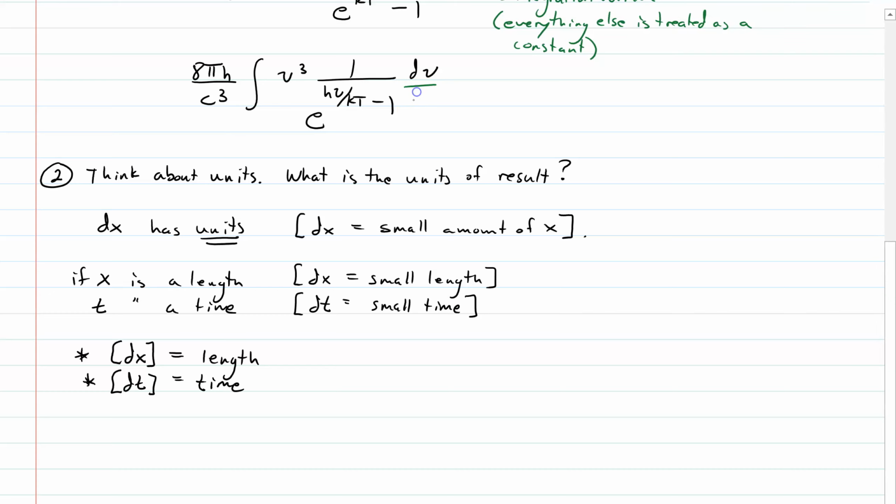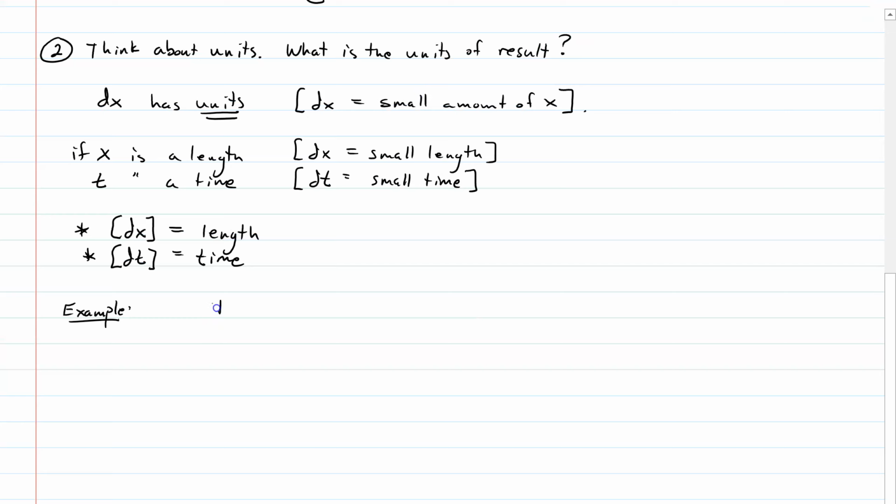Here's an example. Let's suppose I've got some integral I equal to the integral, let's say 0 to 1, t squared x dx, let's say. What are the units of the result? t is a time, x is a distance.